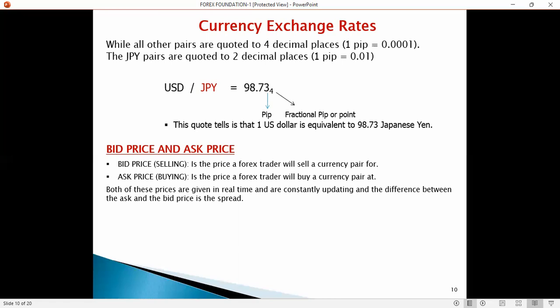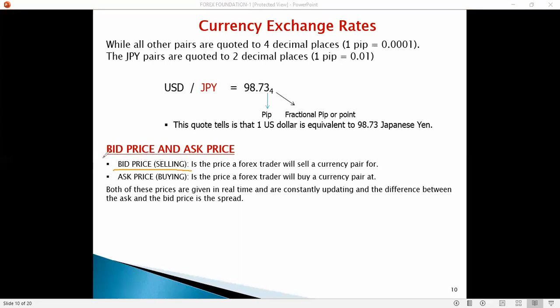The bid price, which is the selling price, is the price the market is presenting to you. You as a trader want to buy from the market, so as you are buying from the market, you are dealing with the bid price, which is the selling price.